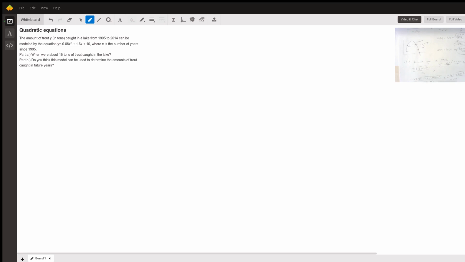And so you get negative 1.6 plus or minus the square root of 2.56 plus 3.2, which is 5.76, all over 2 times negative 0.08, which we just said was negative 0.16.